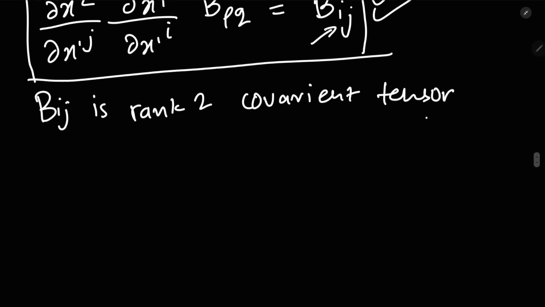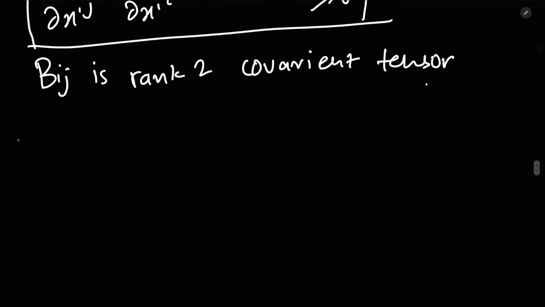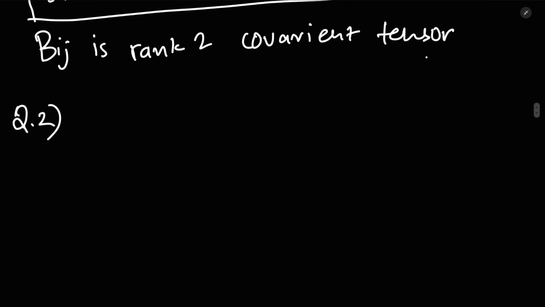Now I'll give another problem here. Let's say we have an antisymmetric tensor. Antisymmetric means that if this is our tensor and I say that it is antisymmetric, this means that Aij is equal to minus Aji.